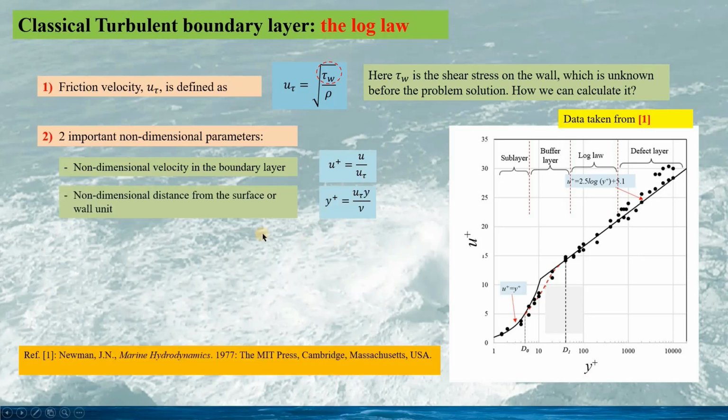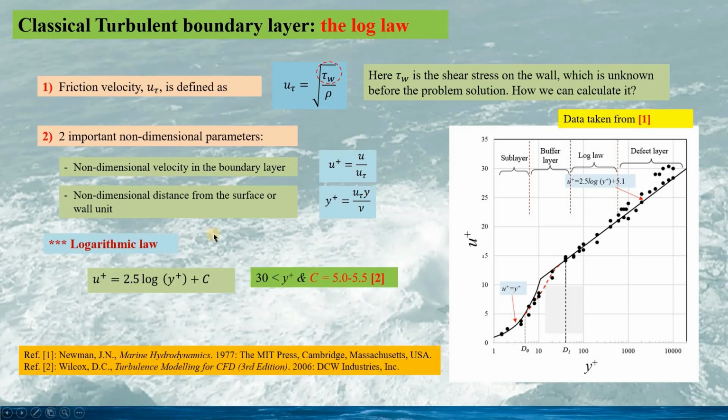And the non-dimensional distance from the wall surface, called the wall unit y plus, is given by this expression. From the expression, we can see y plus has the same form as the Reynolds number. Here, the velocity is the friction velocity and the length is the distance y.